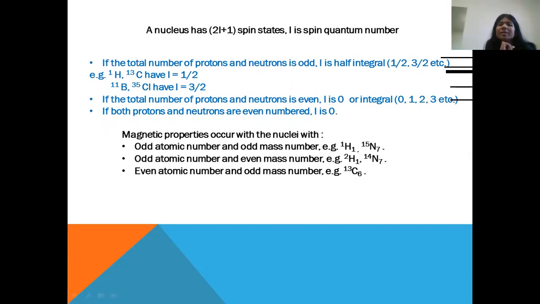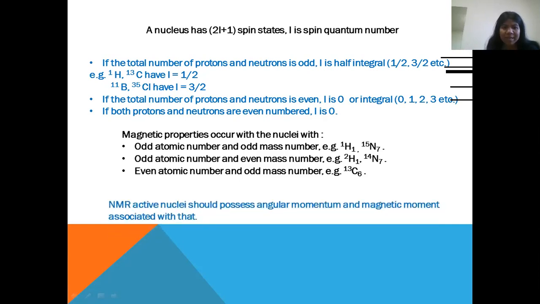So magnetic properties occur within the nuclei with odd atomic number and odd mass number, or odd atomic number and even mass number, and even atomic number and odd mass number. So NMR active nuclei should possess the angular momentum and magnetic moment associated with that.